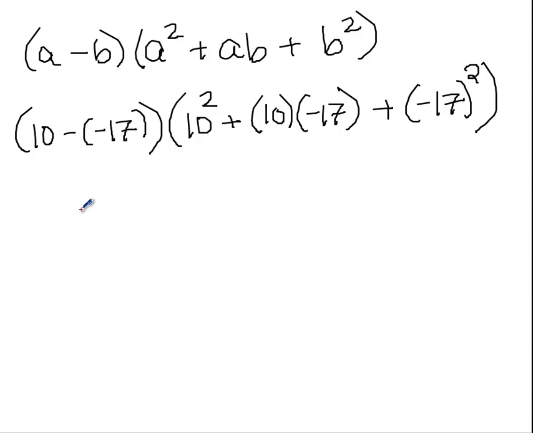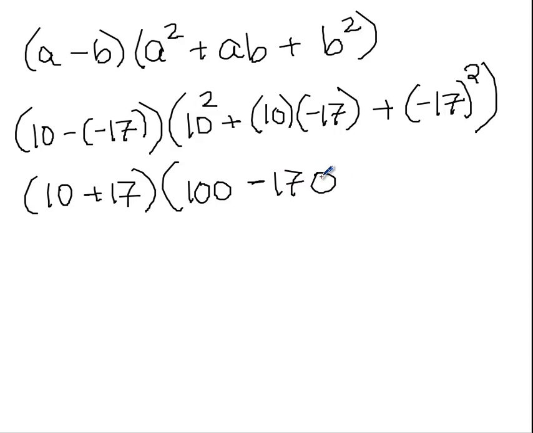All right, so let's figure out the numbers. We know a negative in front of a negative is going to make this a positive 17. And 10 squared is 100. 10 times negative 17 is negative 170.